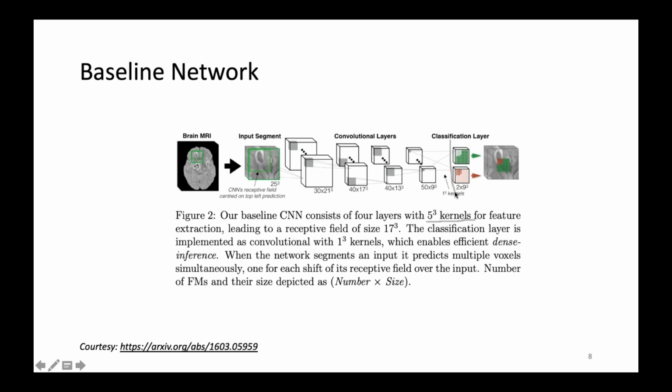Finally the classification layer decides which voxel shows the damaged part and which voxel shows the non-damaged, healthy part. So this is basically the idea.